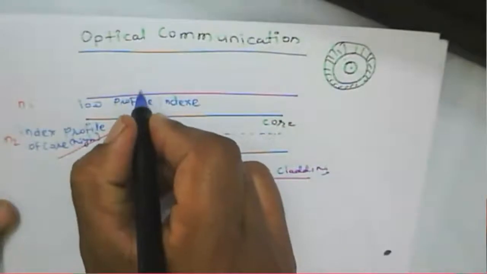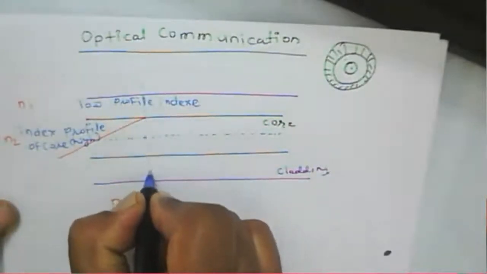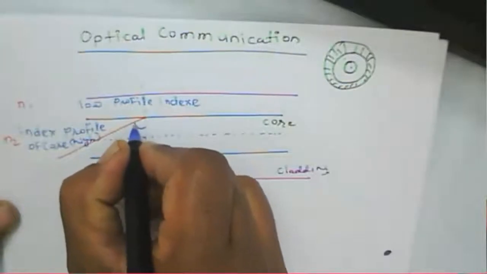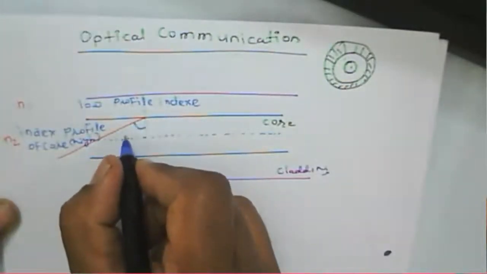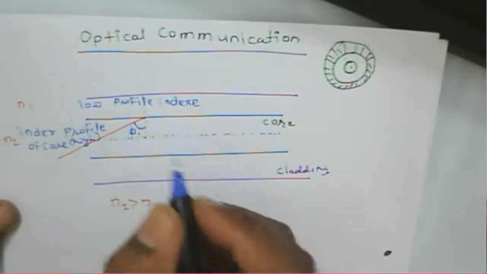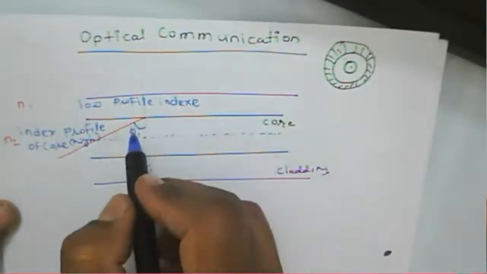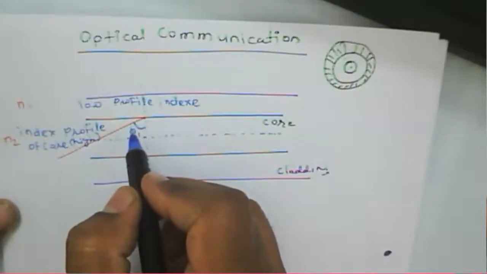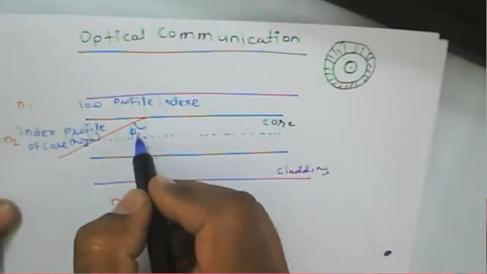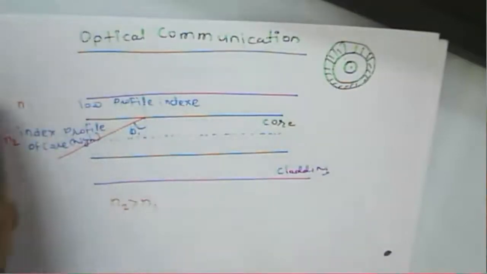Which angle? The incident light angle. Suppose I say it is phi, or phi 1. That phi has to be greater than the critical angle.